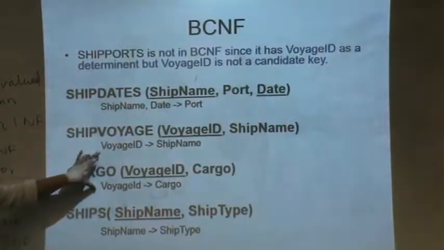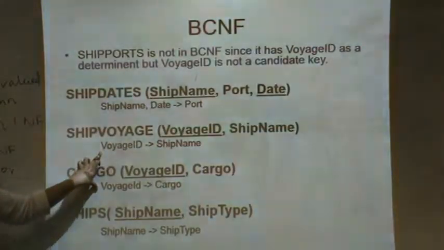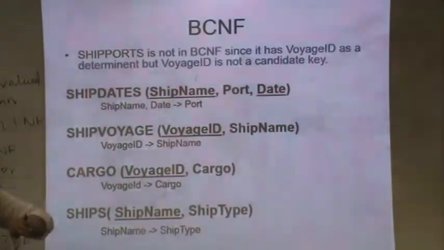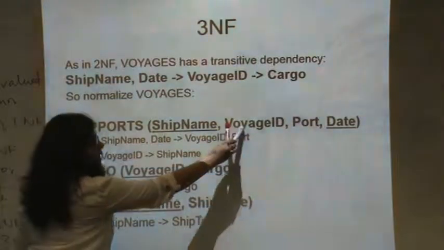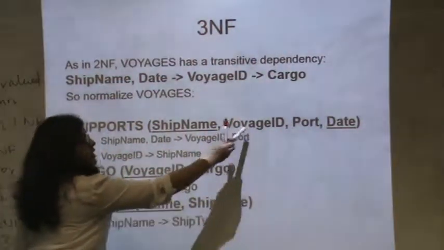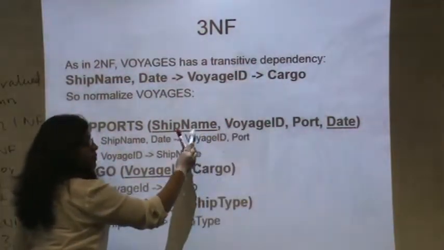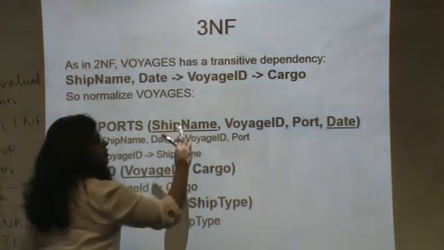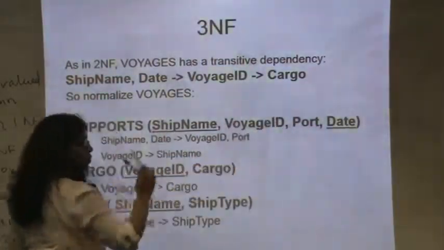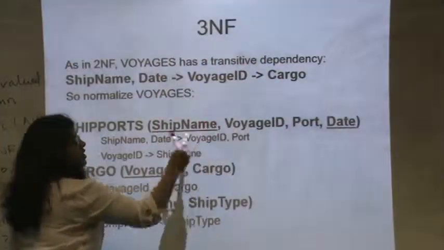So those that are completely dependent on each other are separate tables compared to 3NF. Here I was still having these things in there, but if wedge ID is dependent on ship name, I can put them in a separate table, so that I'll have ship name, port and date in one table, and ship name and wedge ID in a different table.